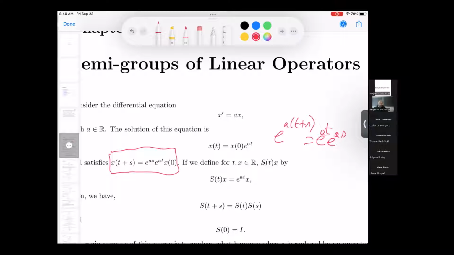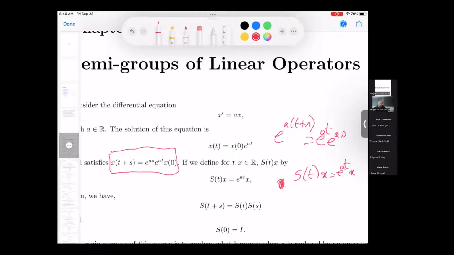And also, if you call S of t applied to x equals exponential of at times x, this x here is not the best notation because here it's the initial condition.